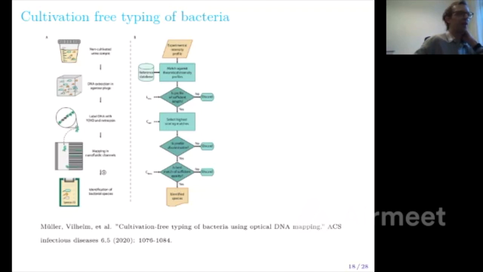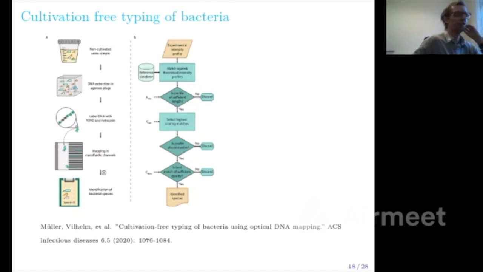Here, again, we started from extraction from a urinal sample and then labeling and putting the molecules in the nanochannels. And eventually the goal was to identify the species of bacteria. For this, we developed a method for finding discriminative profiles.